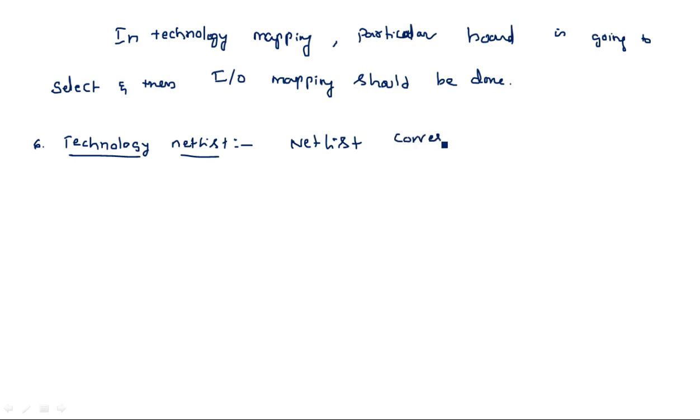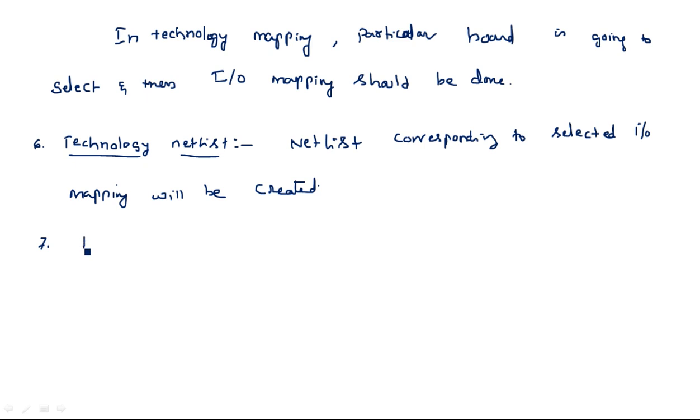The netlist corresponding to the selected IO mapping will be created. The purpose of this netlist is to create the bit stream which is going to be dumped onto the FPGA.